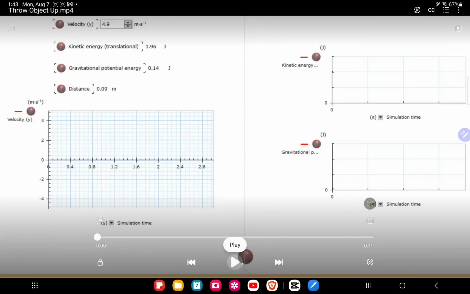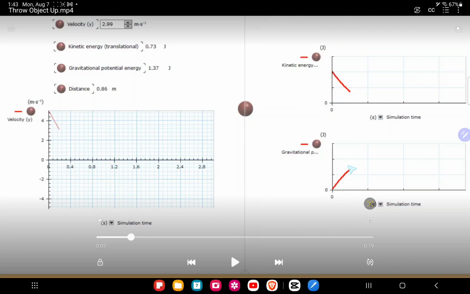Similar to the previous model, we throw a ball vertically upward. As we can see here, the kinetic energy starts to decrease because it's going upward and the velocity is decreasing in the positive direction.